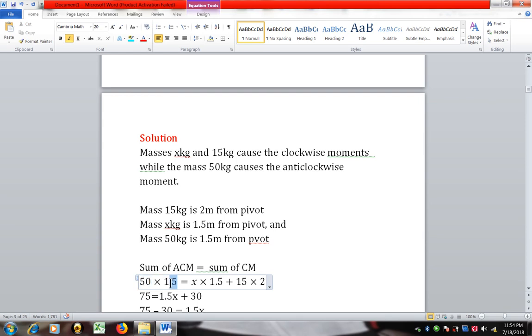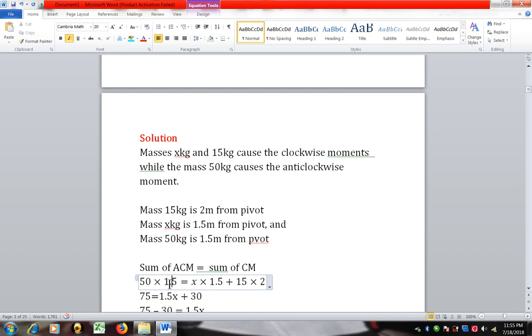Mass 15 kilogram and mass X kilogram both generate clockwise moment, so the sum of clockwise moment is going to be 15 times 2 plus X times 1.5.